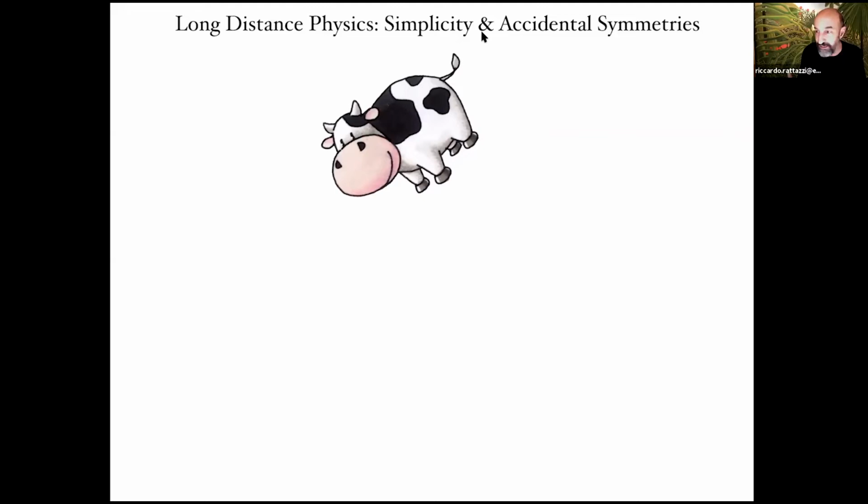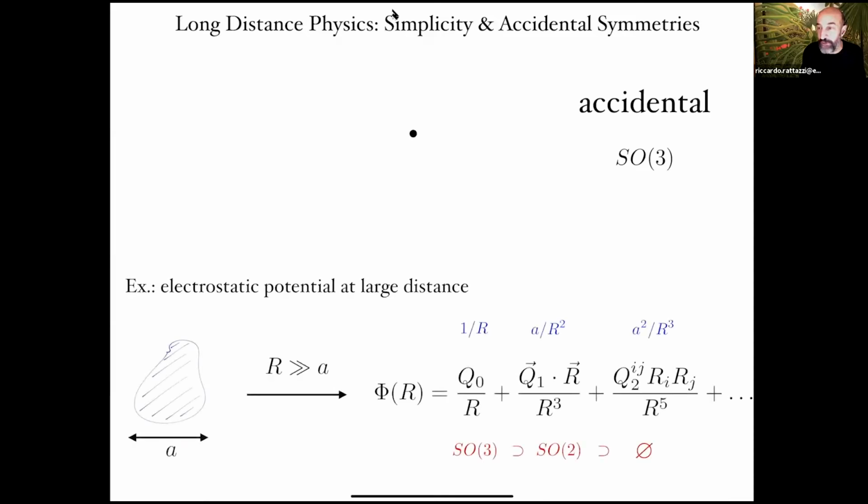On the other hand, if instead of rotating it, we start stepping back and we go further and further away from the cow, or we send the cow away, the cow becomes a point. And from our perspective far away, a point is the same no matter in which direction we look. It's SO(3) invariant. So that's the simplest example you can think of an accidental symmetry. And in fact, this example is very much related to the first example I started with yesterday, the electrostatic potential.